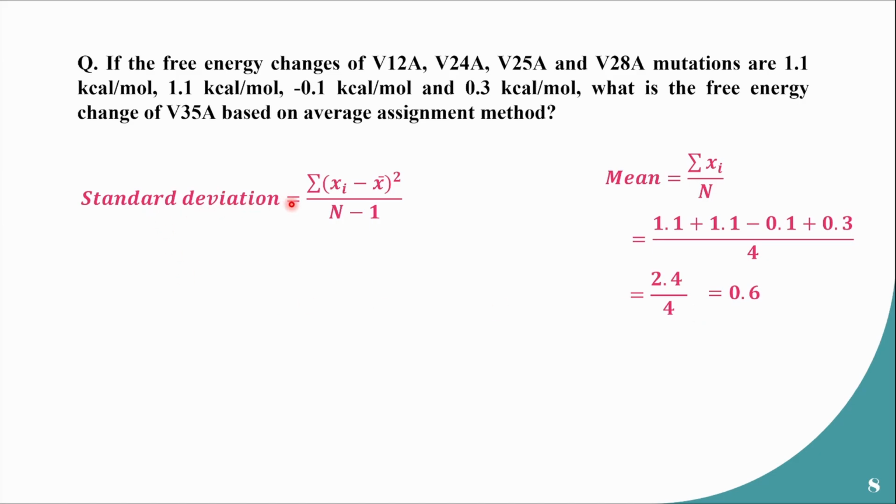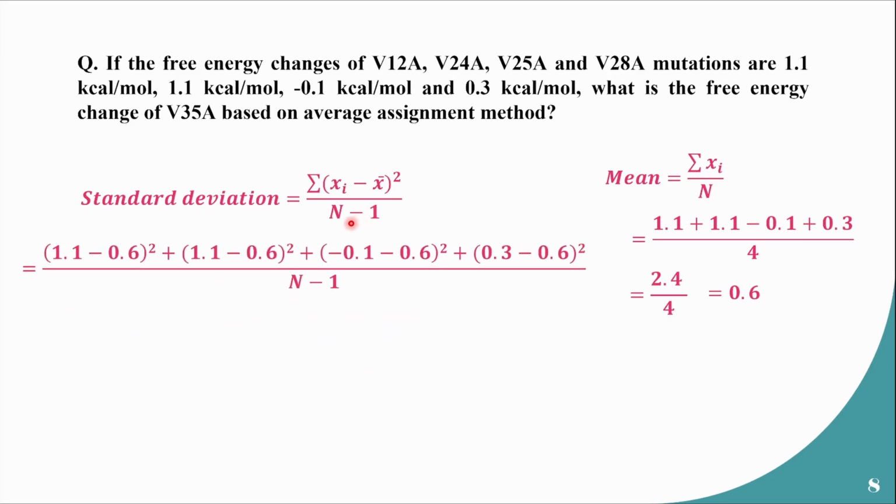And at the same time, alongside mean, what you can also do is compute the standard deviation. So standard deviation will be, for each particular data point, which is xi, you have to subtract the mean value, take the square of that, and then do a summation, and then ultimately divide by n minus 1, which in this particular case will be 3, right?